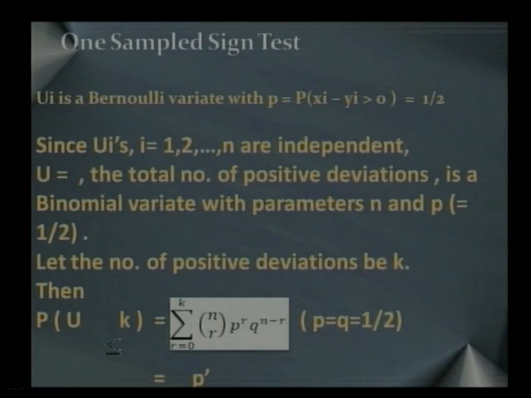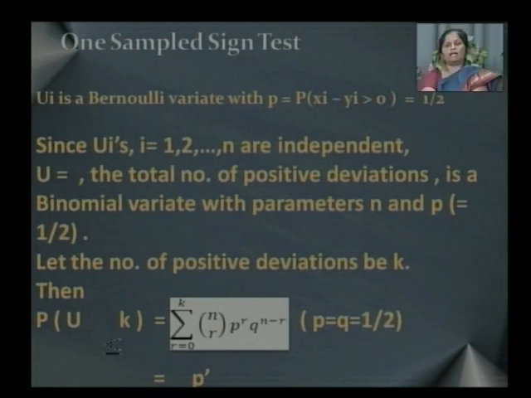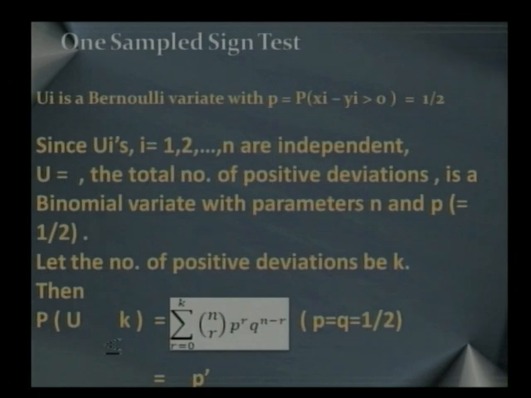Now since the ui, i equal to 1 to n, are independent and u equals the total number of positive deviations, we can say that for large n, and also for small samples, it follows a binomial distribution with parameters n and p equal to 1 by 2.